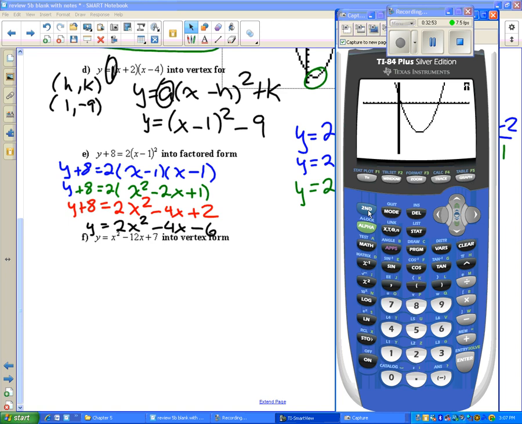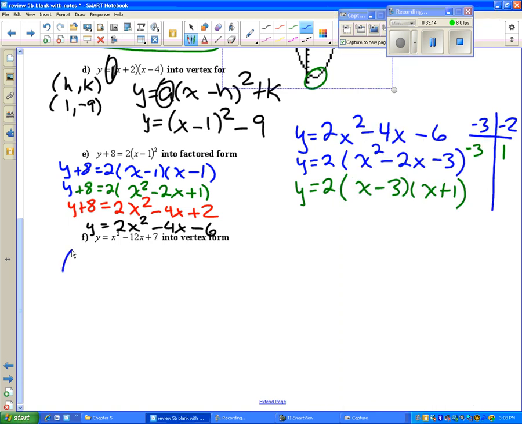I'm going to hit second trace to go to my calc menu. I'm going to hit number 3 for minimum. My left bound, I'm going to hit enter. Go take my blinky spider to the right and hit enter twice. And I get 5.99999 and negative 29. So that tells me that my minimum, my h and my k, is 6, negative 29.